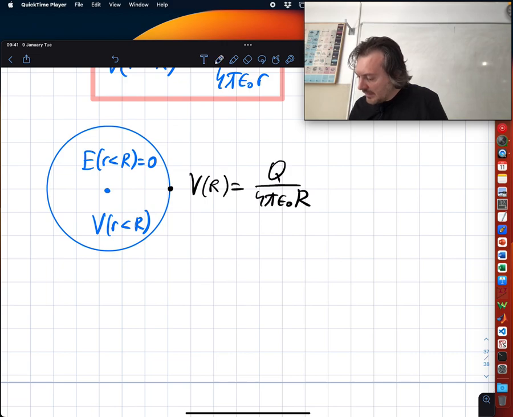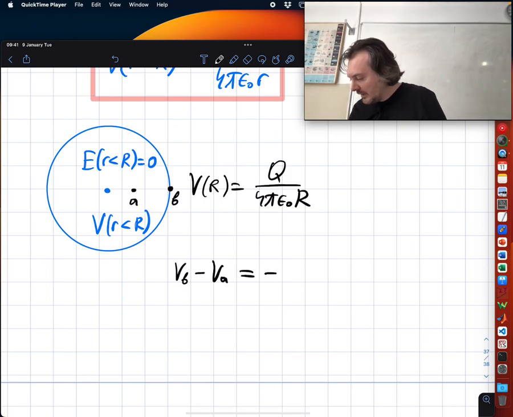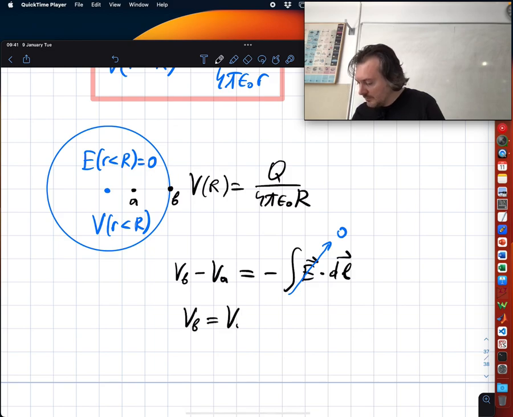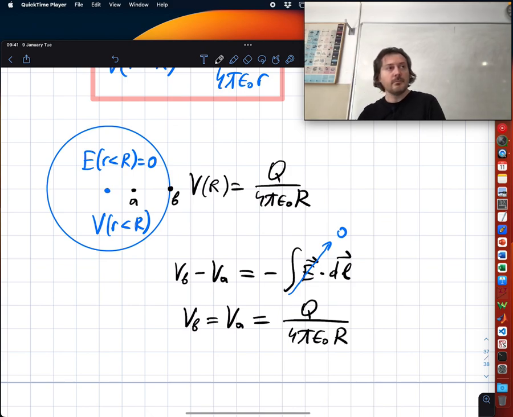So if you take any point inside, let me call this point now A and this point B, and you write down V_B minus V_A equals negative integral E dot dl, right? What happens is that inside this electric field is 0. Did you follow this? So what is V_B? V_B is equal to V_A. What does it mean? It means that the potential inside is constant. All right? Everybody agrees with this?